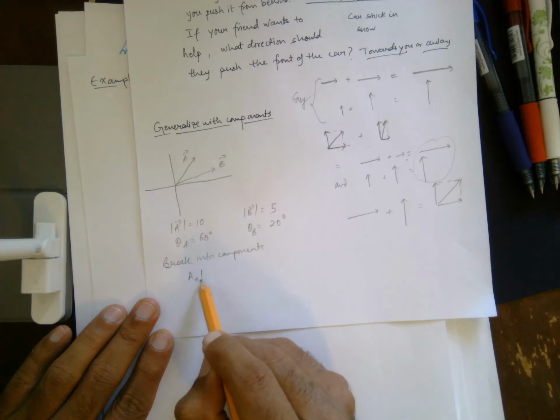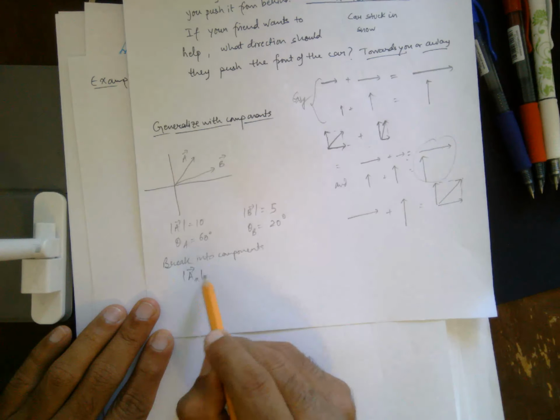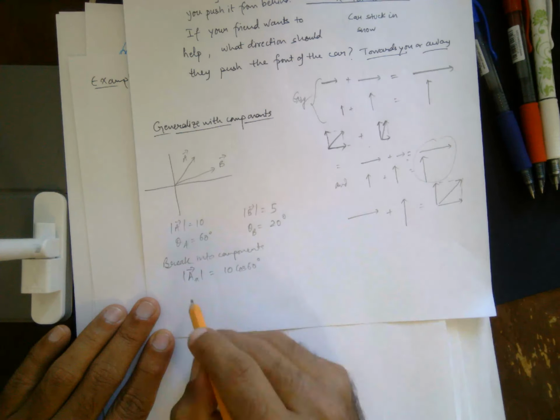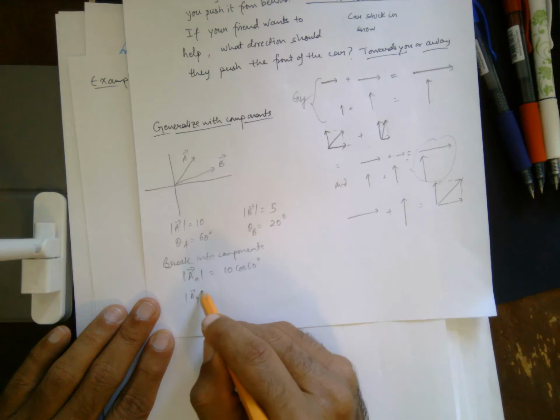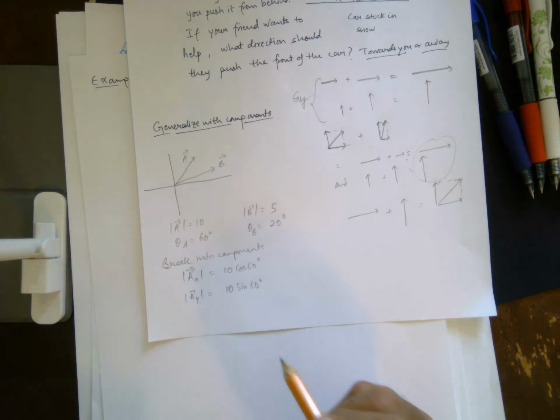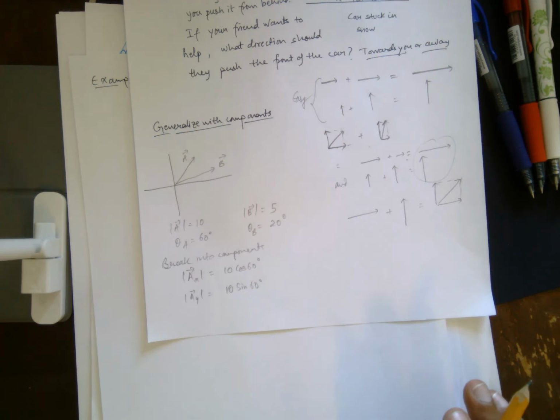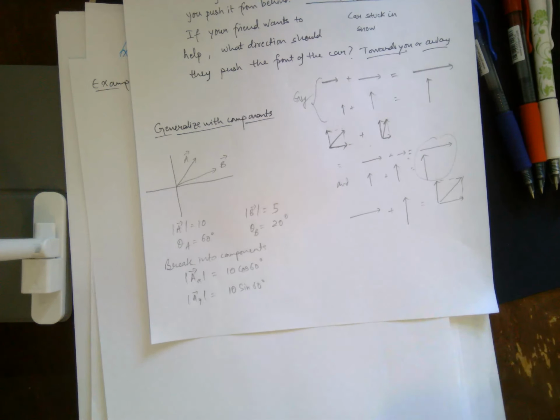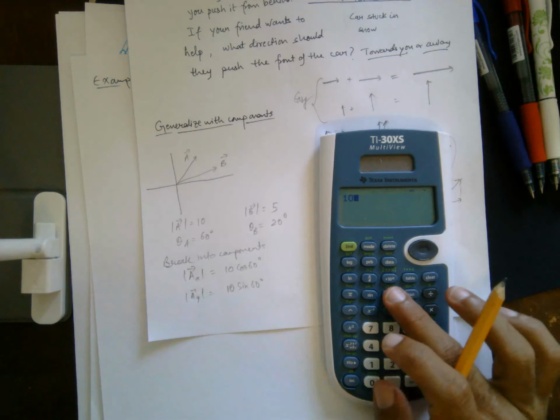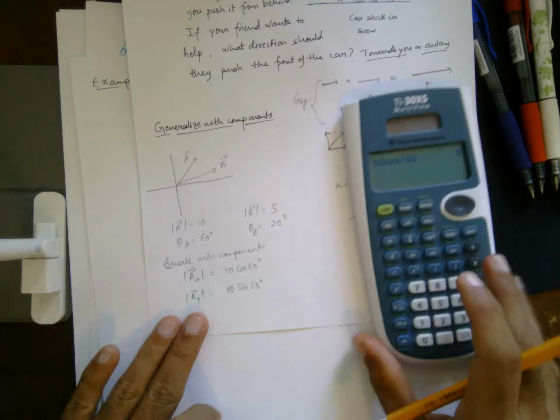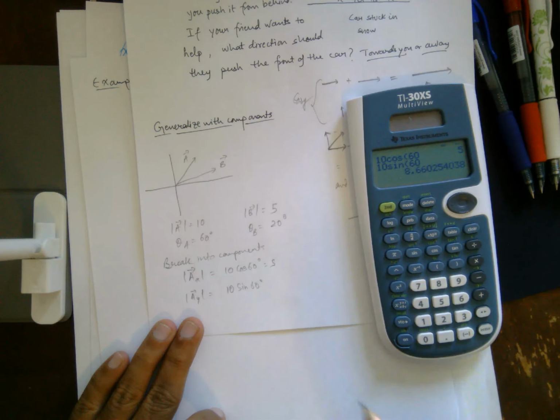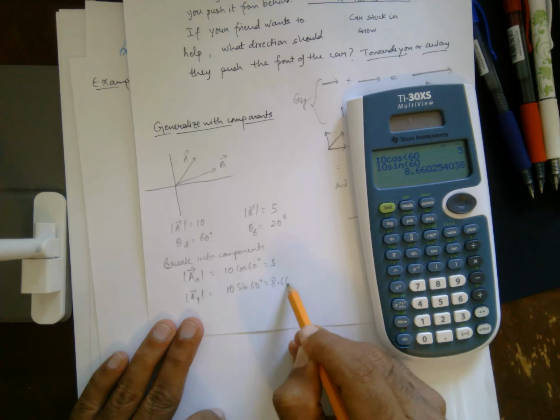AX is going to be 10 cosine 60. AY is going to be 10 sine 60. Okay, here's my calculator. 10 cosine 60 is 5. 10 sine 60 is 8.66.